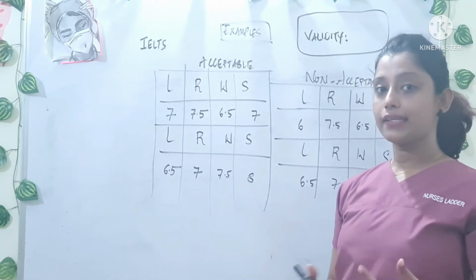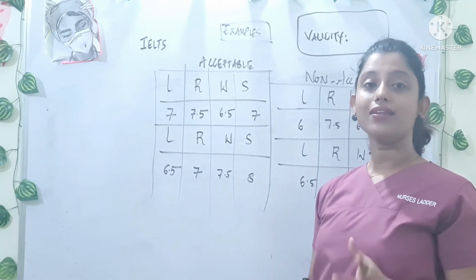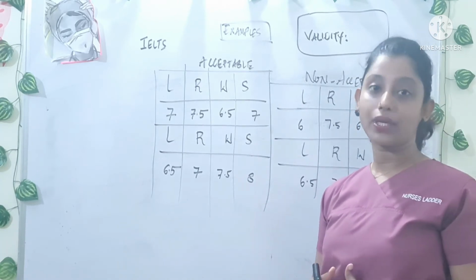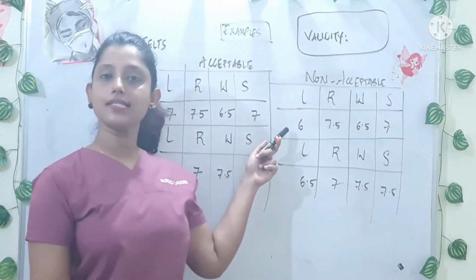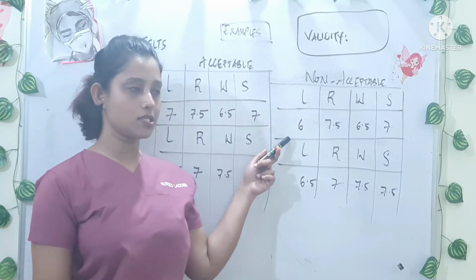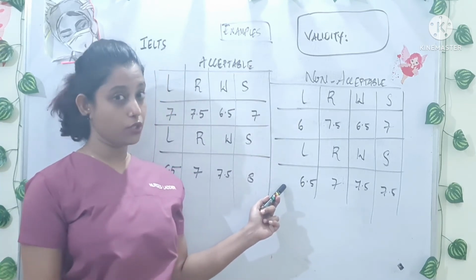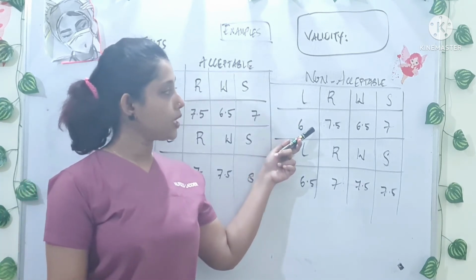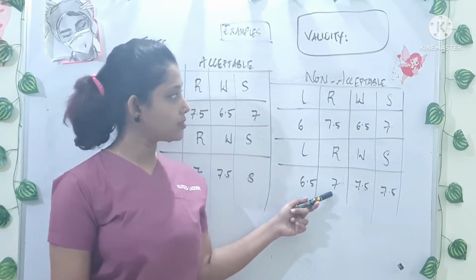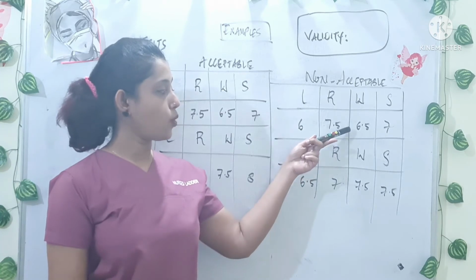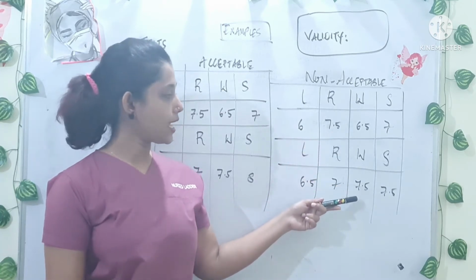Let's see another example where the scores are not acceptable when you club them together. The first one is listening. You got 6 in the first sitting and 6.5 in the second sitting. In reading you got 7.5 in the first and 7 in the second sitting. In writing it's 6.5 in the first sitting and 7.5 in the second sitting.